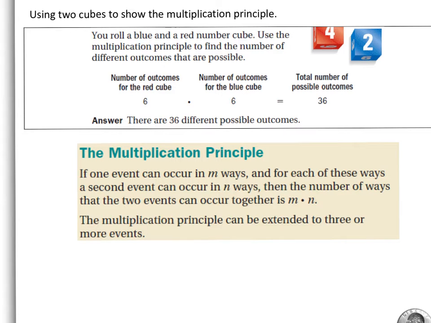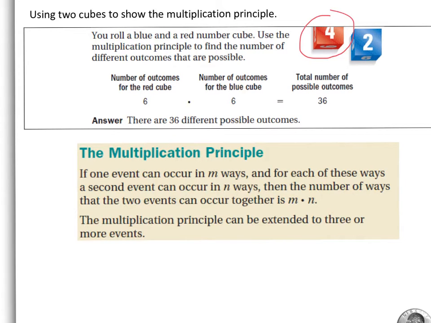Now I'm going to explain how to use 2 cubes to show the multiplication principle. Imagine rolling a blue and a red number cube. Use the multiplication principle to find the number of different possible outcomes. Okay, so think about this red cube.